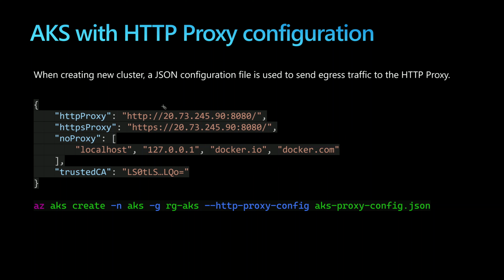The important thing here is to put the public IP or the private IP address of the proxy server if it's in the same network, and then you also put the trusted certificate authority. With that configuration described in a JSON file, you can create a new cluster with that configuration. Note that here you cannot enable this configuration for an existing cluster that doesn't support HTTP proxy.